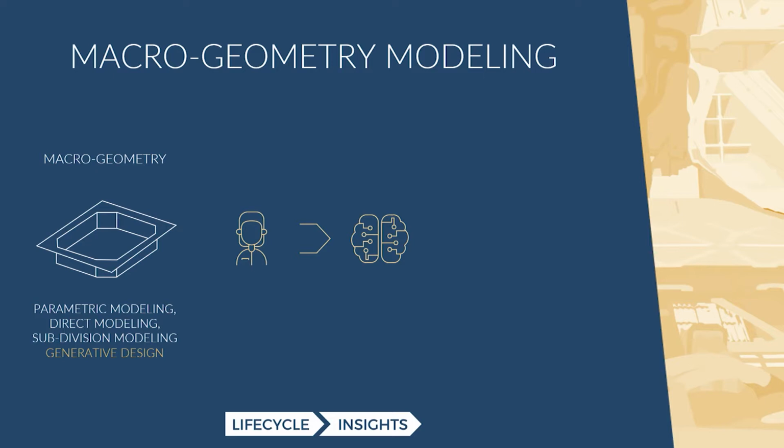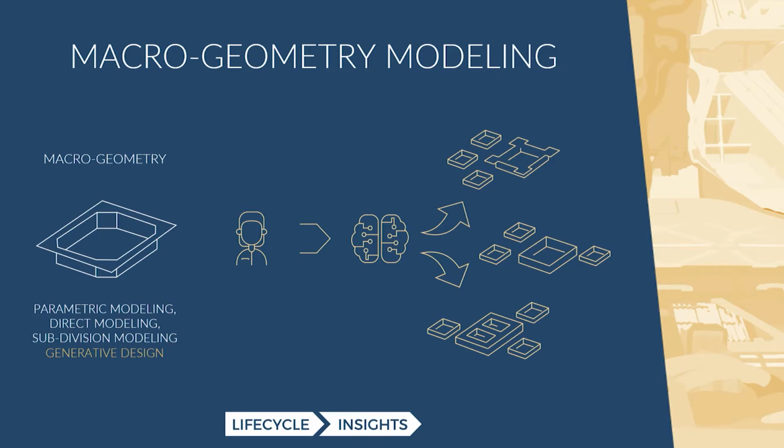So the idea here is that an engineer will provide a lot of constraints and objectives to what some people call artificial intelligence, other people call machine learning. Basically, this algorithm, this component of computer-aided design software applications, will produce many different design alternatives. It will vary a lot of stuff.